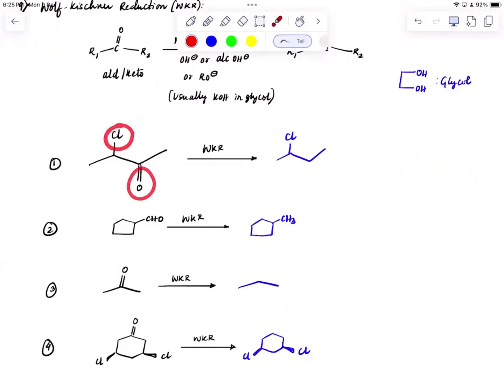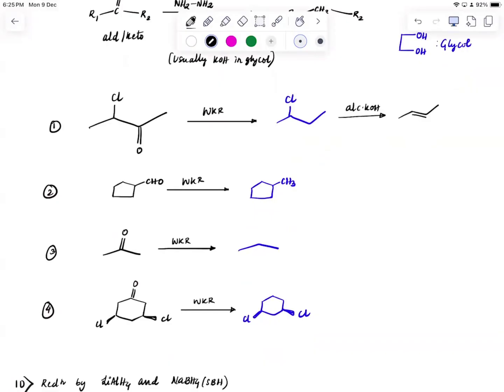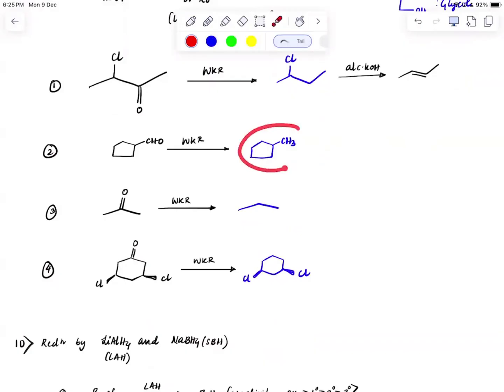If there is any chlorine here, this chlorine can undergo an elimination reaction. That means in the presence of alcoholic KOH or glycol, it will convert into an alkene. So this will be the major product if there is chlorine present. If no chlorine, nothing will happen here.